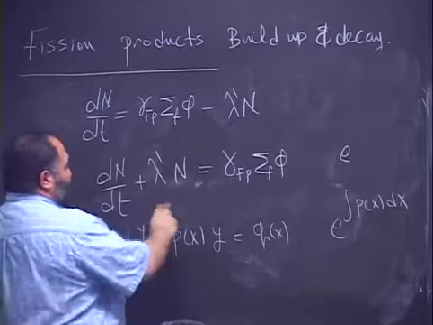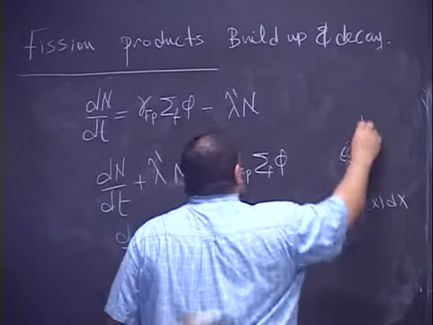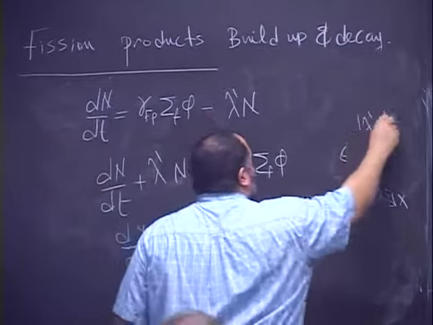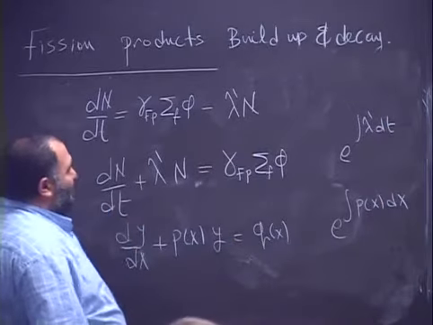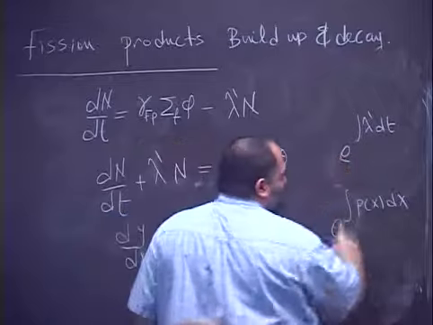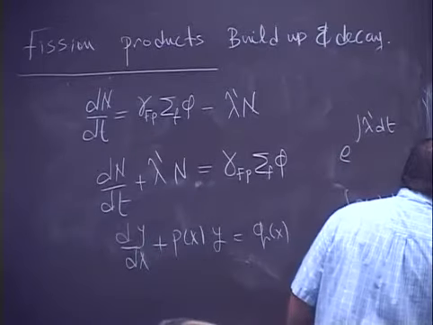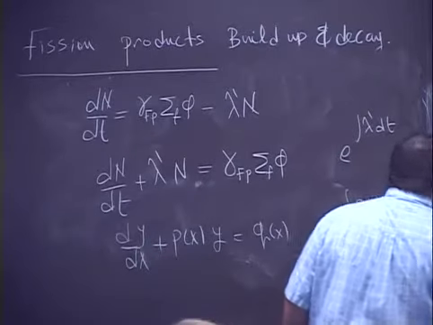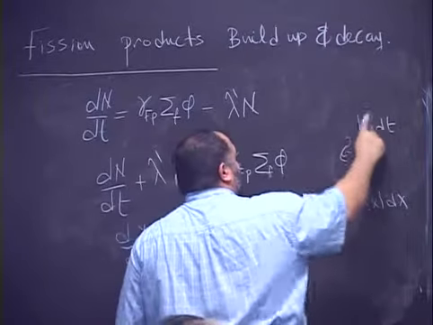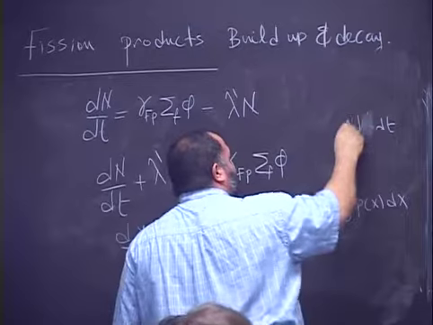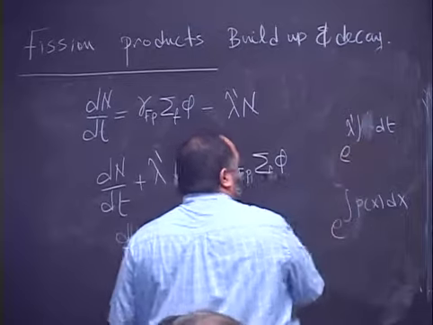So what's the integrating factor here? e to the power of lambda prime. x here is t, so it will be e to the power of lambda prime dt, but lambda prime is constant because this is constant, this is constant, this is constant. So lambda prime is constant. You will take it outside the integration and you will integrate dt. It will give you the time.